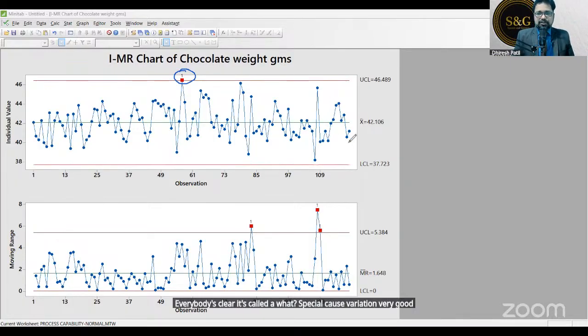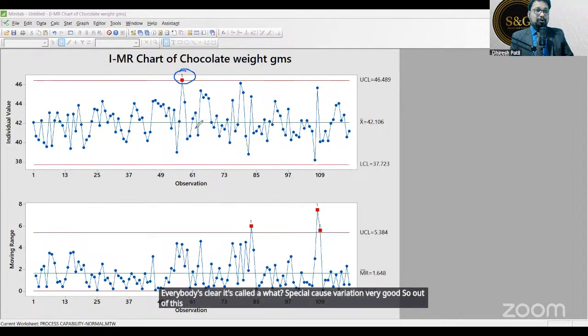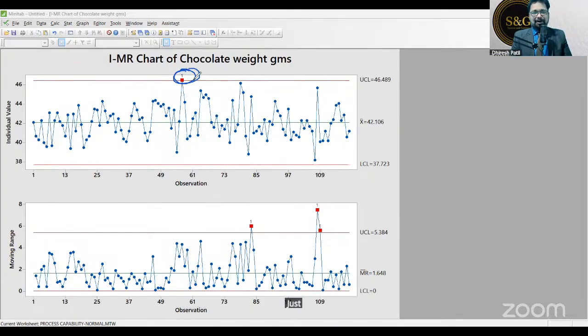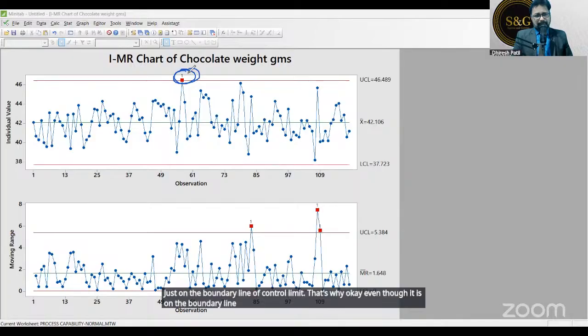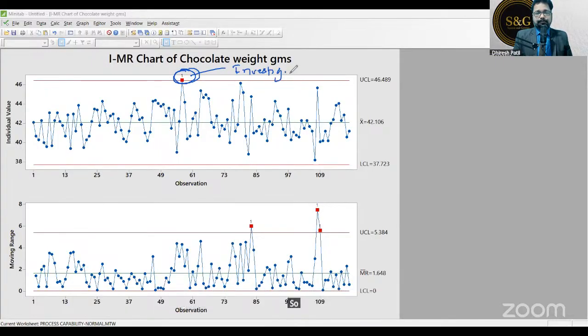So out of these 120 data points, only one data point is just on the boundary line of the control limit. Even though it is on the boundary line, it is kind of one data point going ahead. So this requires investigation.